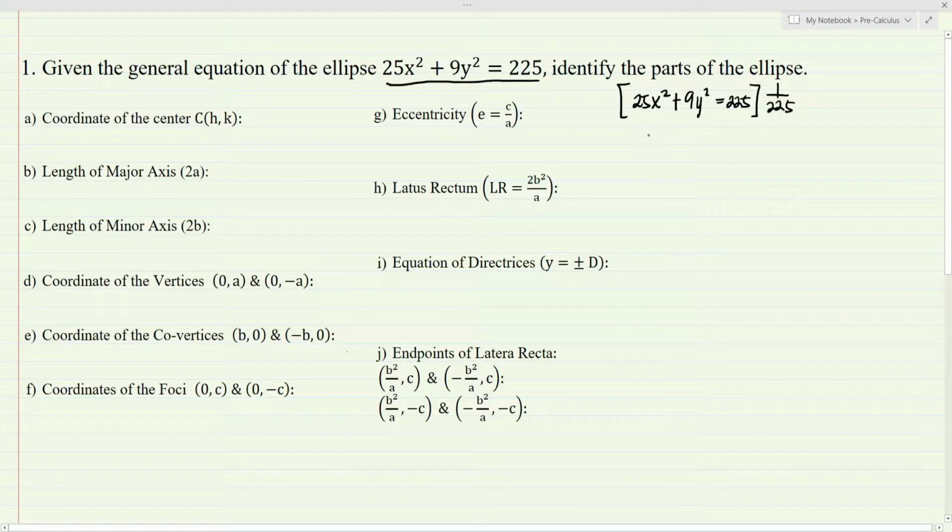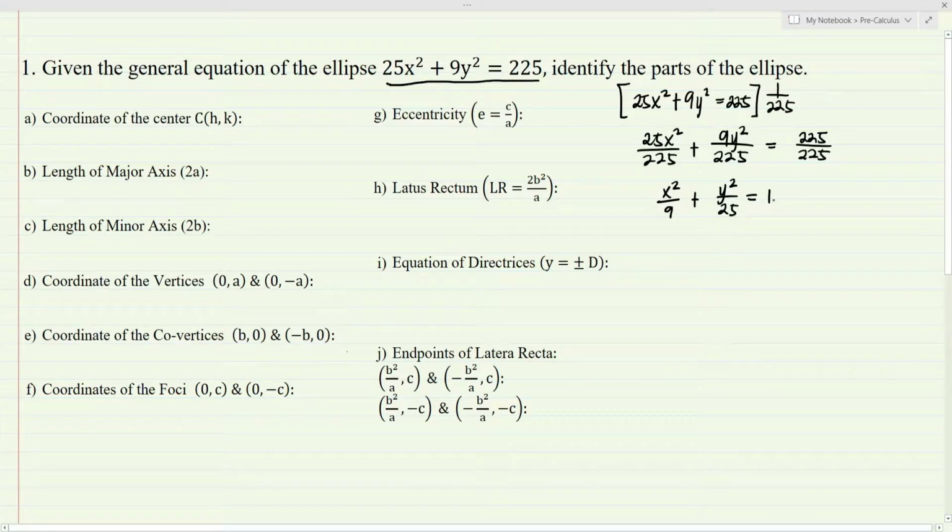Simplifying, I would have 25x squared over 225 plus 9y squared over 225 equals 225 divided by 225. Simplifying the fractions, the standard equation here would be x squared over 9 plus y squared over 25 equals 1. We now have the standard equation.